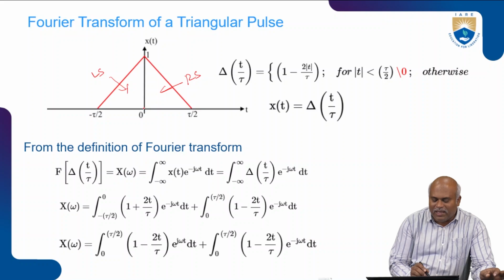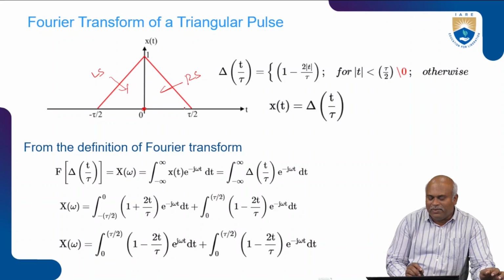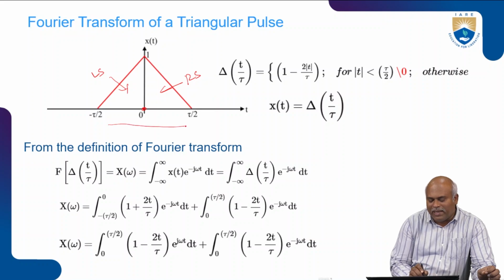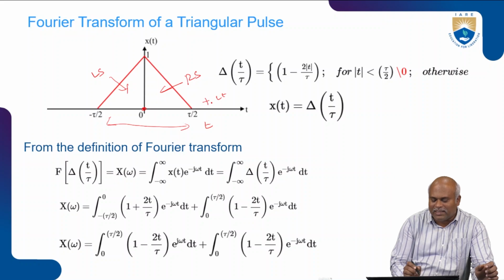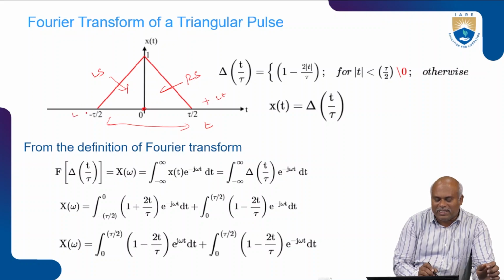That means at 0 the amplitude is equal to 1, then for the remaining portion, this total period of t by 2 is represented as one period of t. Here I write plus t, here I write minus t.